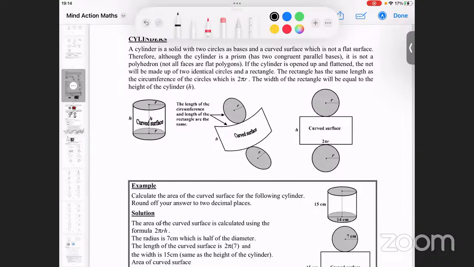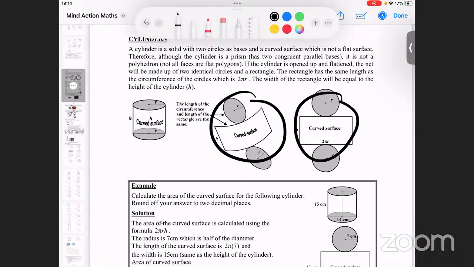So you have to draw something like this. This is a net, either this way or this way. When they ask you to draw a net, you are detaching all the different shapes. So you have a circle, then a curved surface, and then another circle at the bottom.